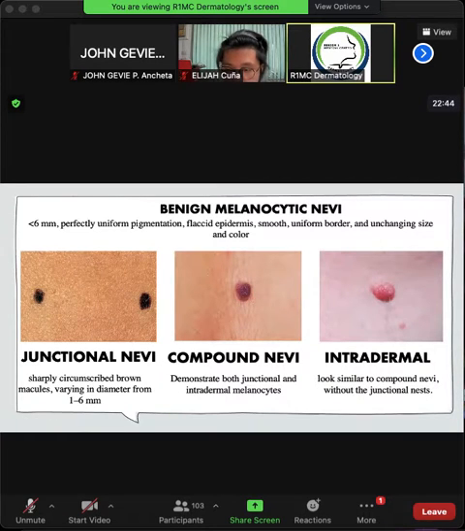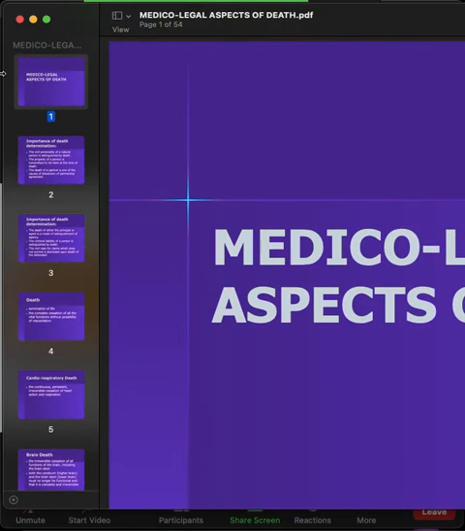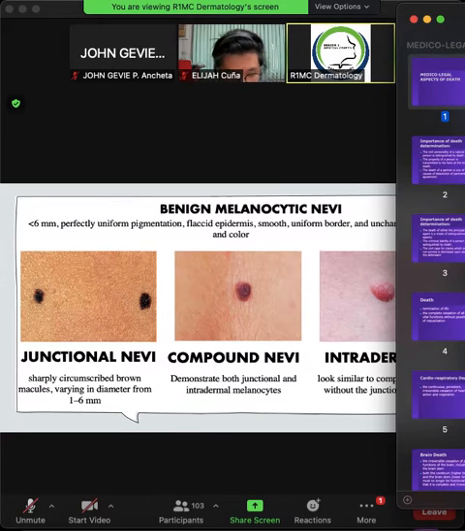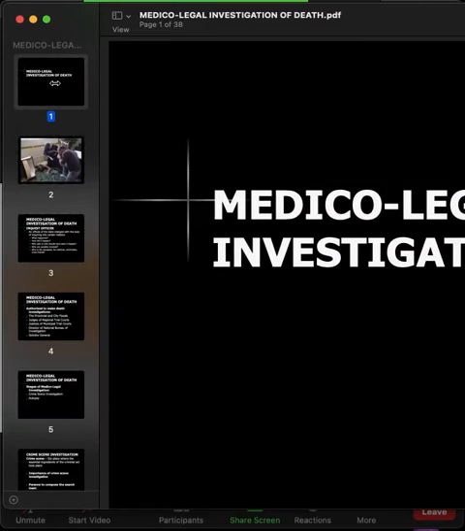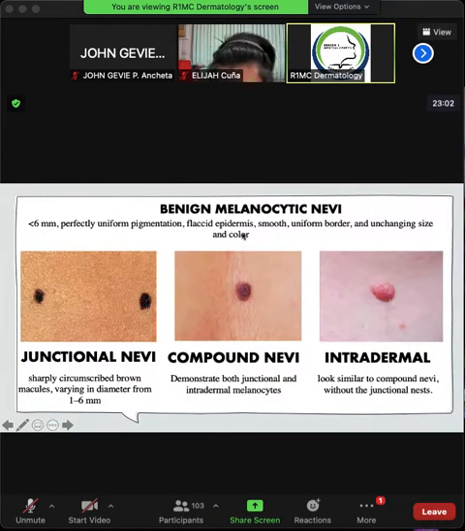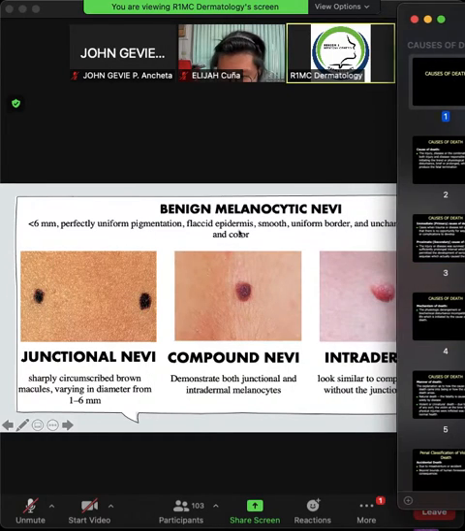So we move on to your benign melanocytic nevi. In general, features of your benign nevi include a diameter of less than 6 millimeters with perfectly uniform pigmentation, flaccid epidermis, smooth uniform border, and unchanging size and color.